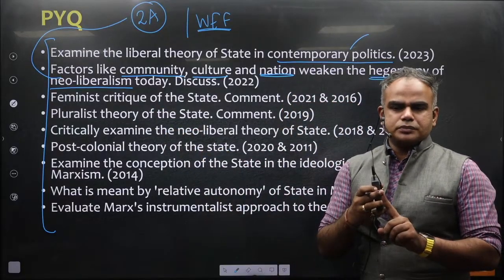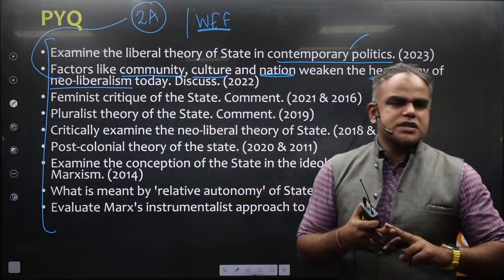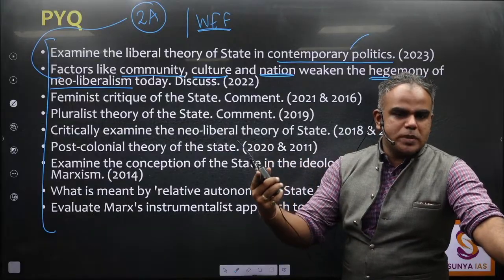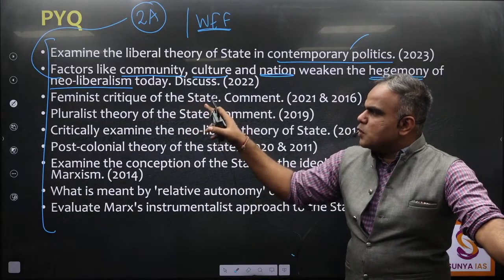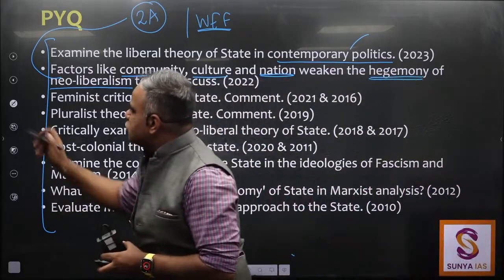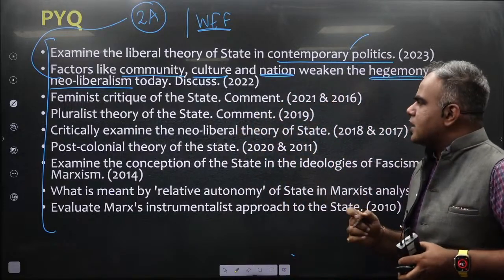That is a problem, they'll say. In fact, in very famous words, when I look at the state, it appears male to me. Okay, and we'll see the works of Susan Moller Okin, Carole Pateman, in the book Sexual Politics, etc. We'll see that.